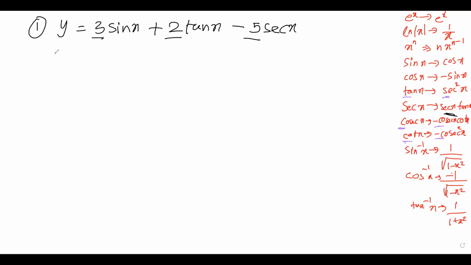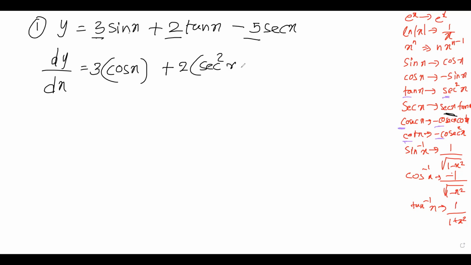What is the meaning of that? If I take it like this, dy by dx equals 3 times the derivative of sin x, which is cos x, so 3 times cos x. Just write that down. Here 2 times what should be there? Sec squared x, minus 5 times sec x tan x. You can just do it.